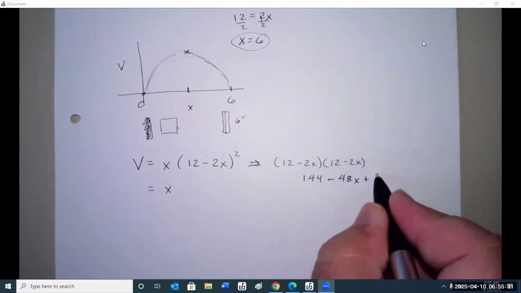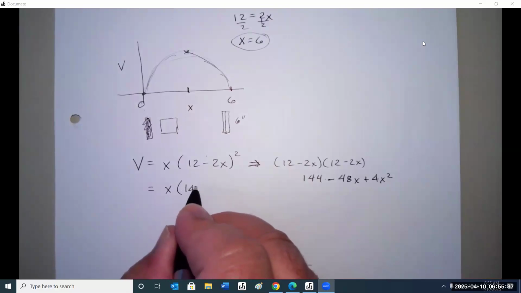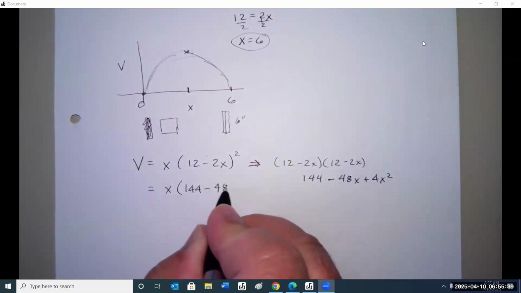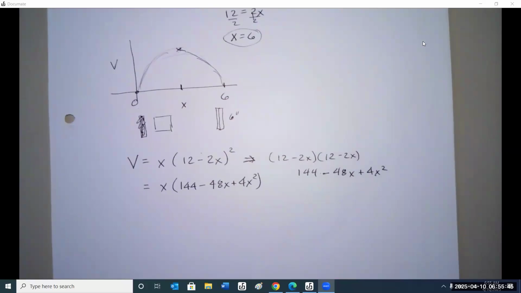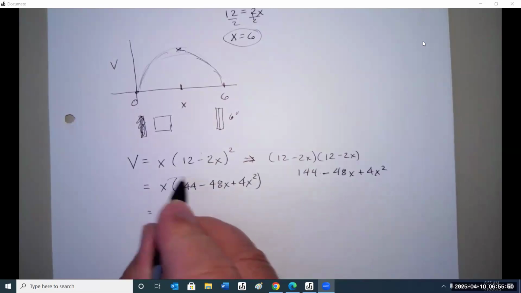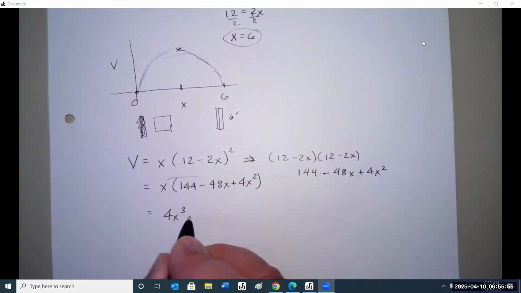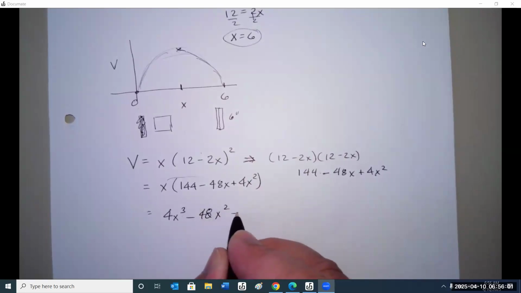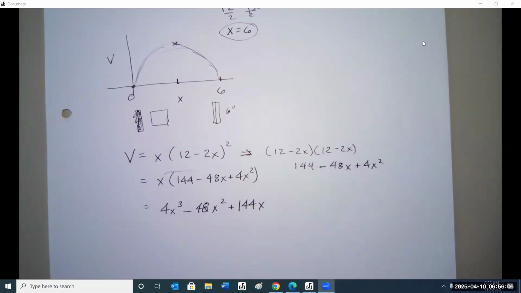And then positive 4x squared. Distribute, get rid of the parentheses, and rearrange them. We have 4x cubed minus 48x squared plus 144x. So that's our equation.